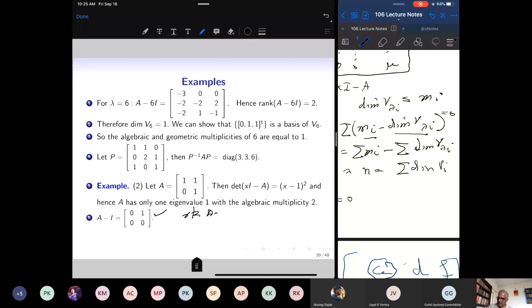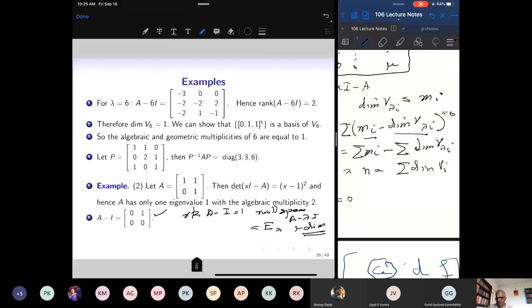So the nullity is also 1, because the rank and nullity add up to the number of columns. So the null space of A minus lambda I, which is the eigenspace of lambda, is one dimensional. The eigenspace of the eigenvalue lambda equal to 1 is one dimensional.